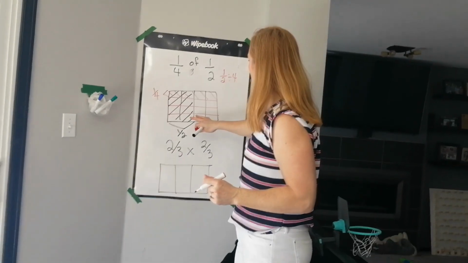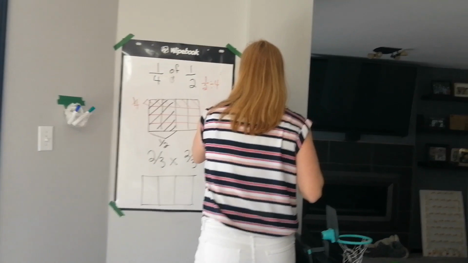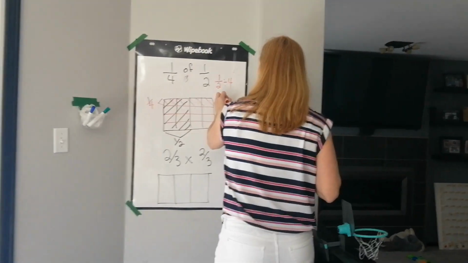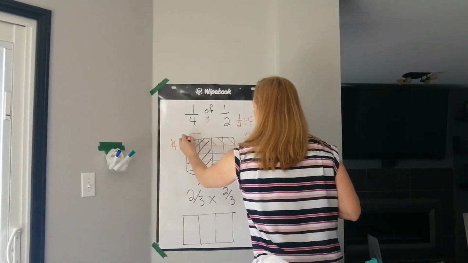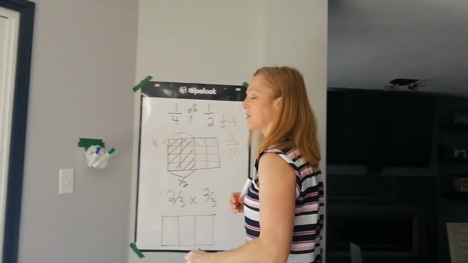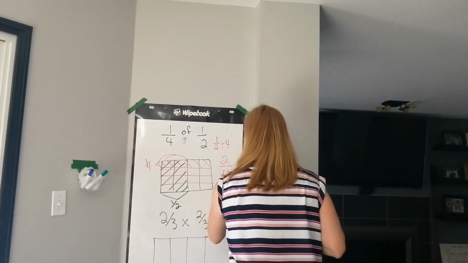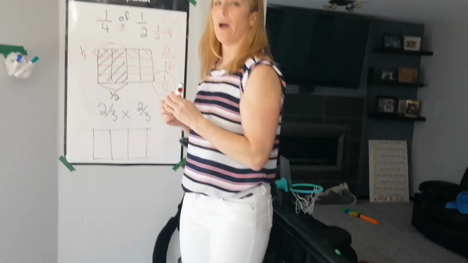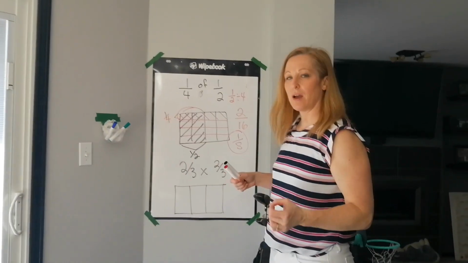So I'm going to count all my pieces. 1, 2, 3, 4 times 4. So I've got 16 pieces. 2 of them are shaded in with both colors. That's these two right here, which is 2/16. If I put that in lowest terms, I end up with 1/8.